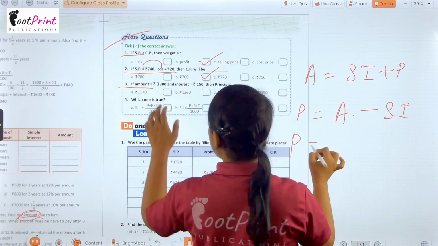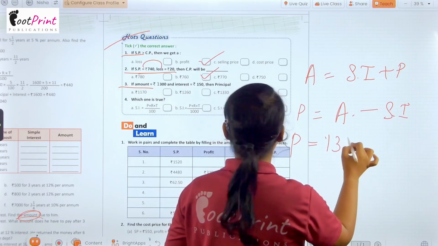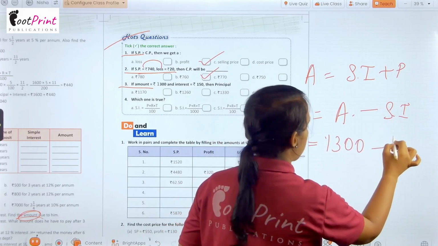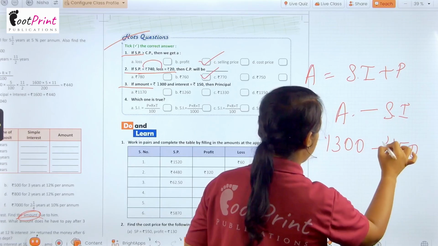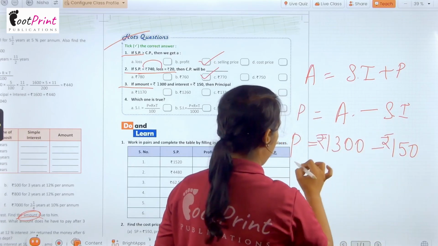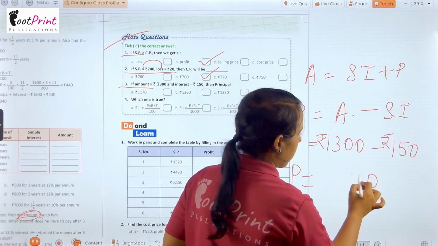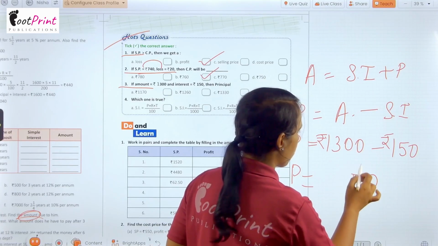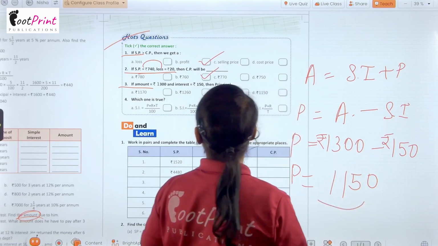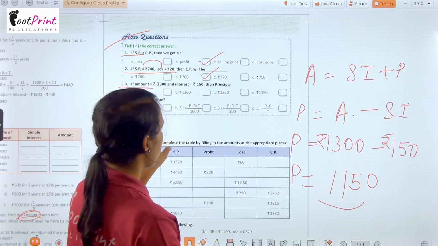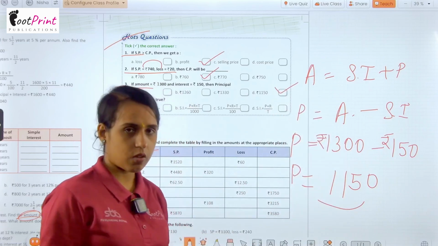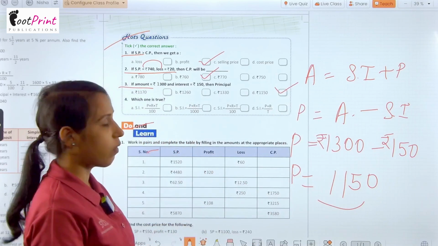Amount is 1300 rupees and the SI is 150 rupees. After subtracting we get 1150. So D option is correct. Okay, so in this manner you can find principal also.